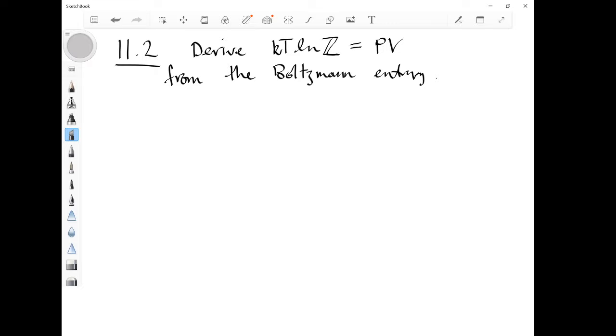Okay, so what we start off with is our probability distribution in the grand canonical ensemble. So we have our states, the probability of a certain state r, which is going to be P of the energy and the number of particles, and that is equal to e to the minus beta (E minus mu n) all over the grand partition function.